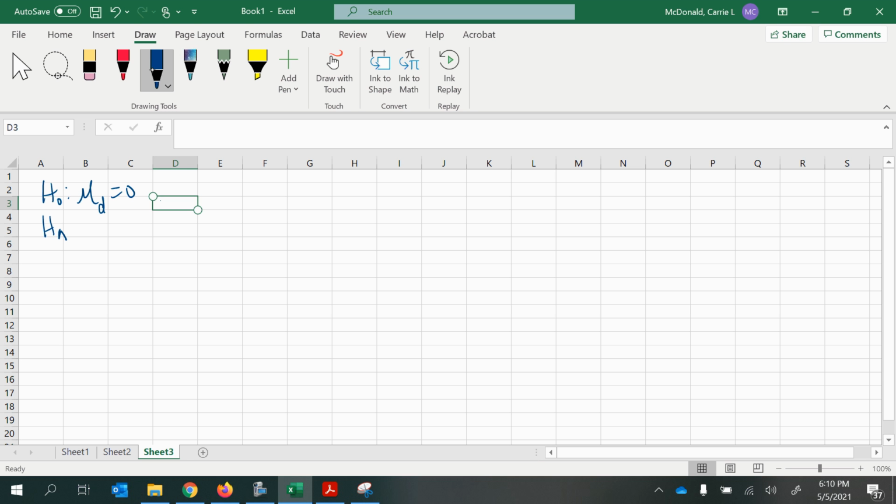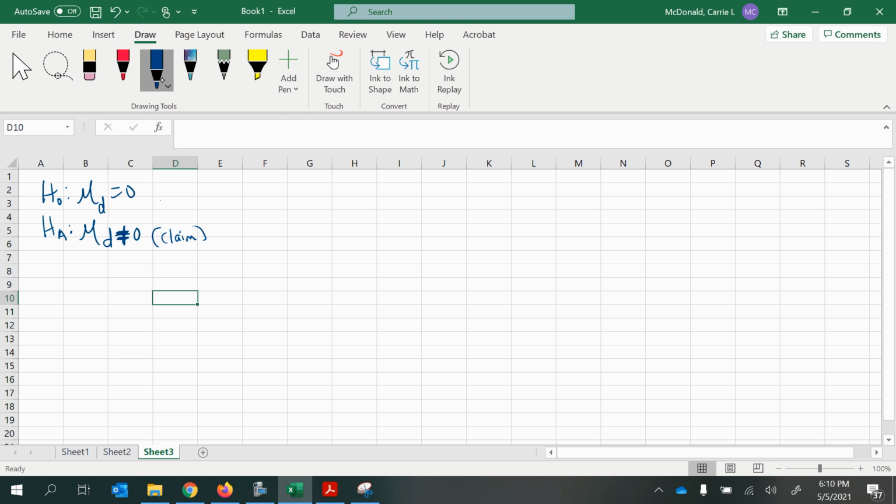The alternative hypothesis is that the mean of the differences is different from 0. So in other words, the null hypothesis is that there's no significant difference between the two sets of paired data, but the alternative is that there is some difference. We just haven't specified if we think it's going to be greater than 0 or less than 0. We just think that it's different, right? And that's our claim.